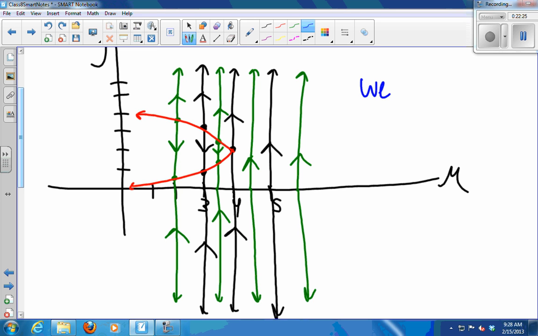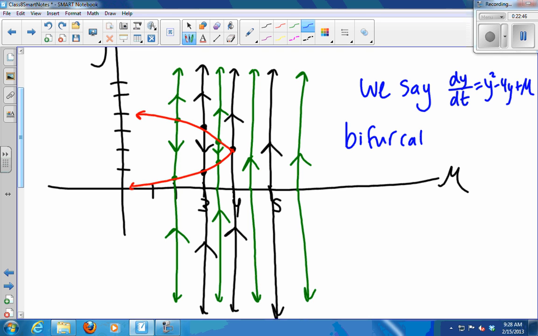So we say dy/dt, our family of differential equations, bifurcates at mu equals 4.